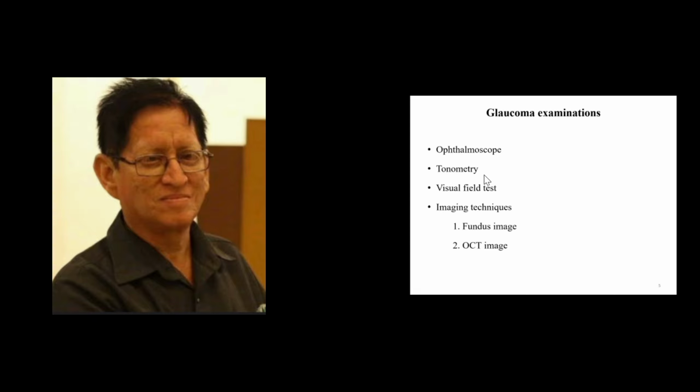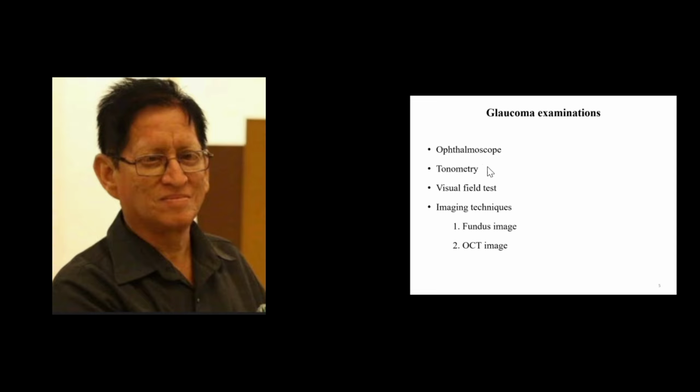Tonometry is used to measure the intraocular pressure in the eye. The normal range of the pressure is 10 to 80 mercury level. If more than 80 mercury level, it may be glaucoma, so the nerve may be damaged. But there are two types of glaucoma: hypertension glaucoma and normal tension glaucoma.